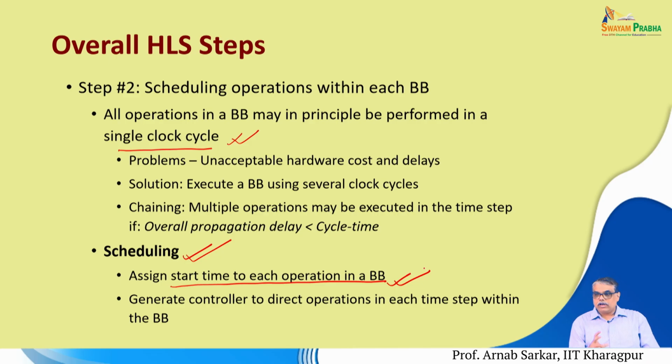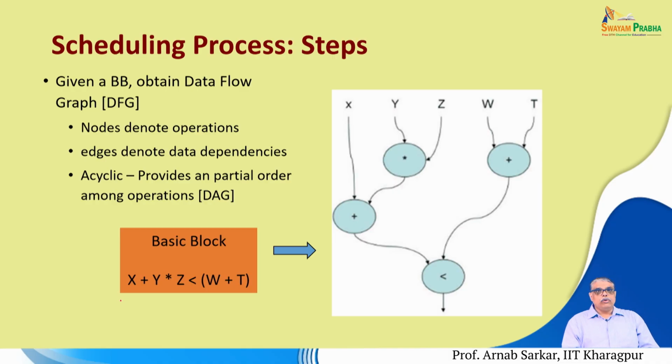After we have the controller for each basic block, we embed it within the master controller, and then we can ascribe overall global timing to the entire application. Okay. After this we will look more deeply into the scheduling process.